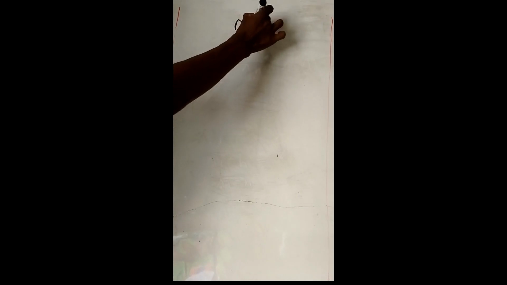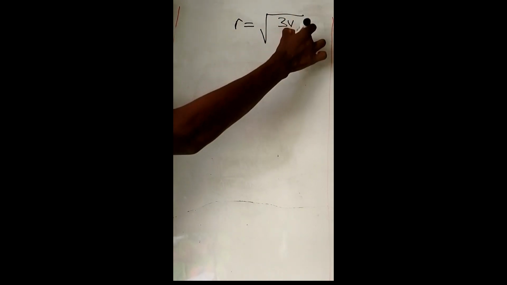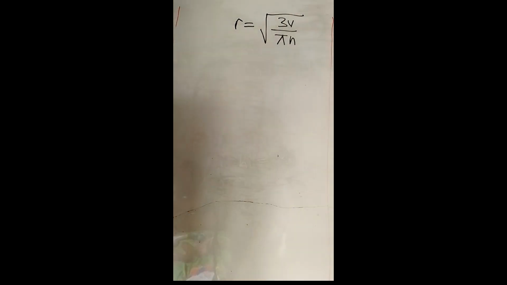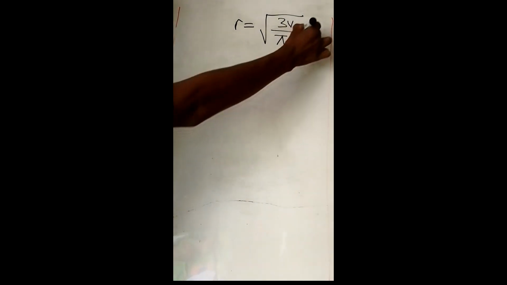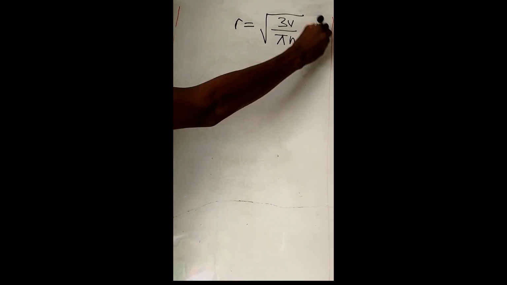Okay, we have our question as r equals to square root of 3v over pi h. Okay, we are asked to make v the subject of the formula.